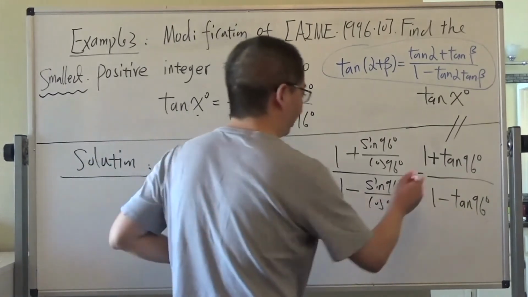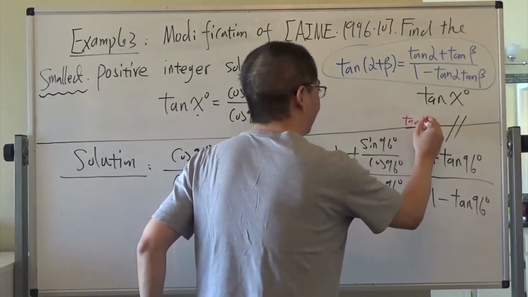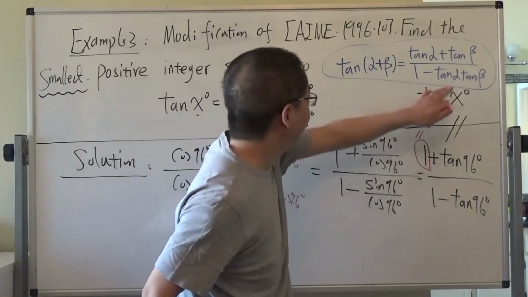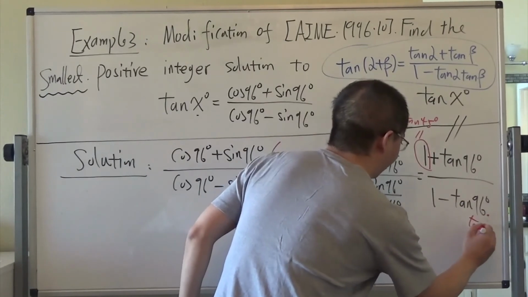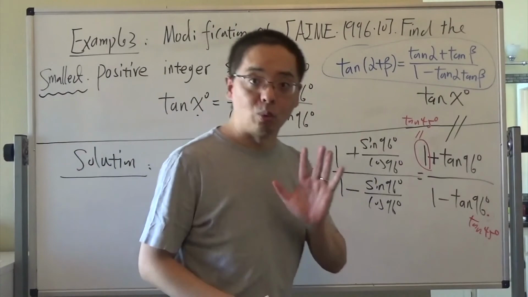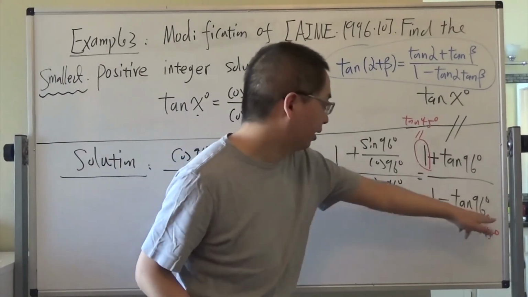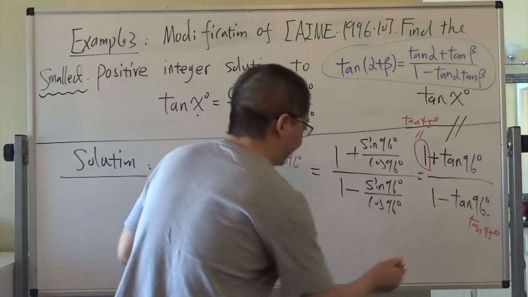So here's the key point. This one just equals tangent 45, and tangent 45 is 1, and this is just multiplied by tangent 45. By replacing 1 with tangent 45 here and there, we can write this as the sum formula of the tangent function.